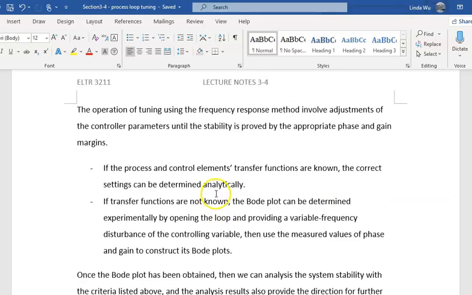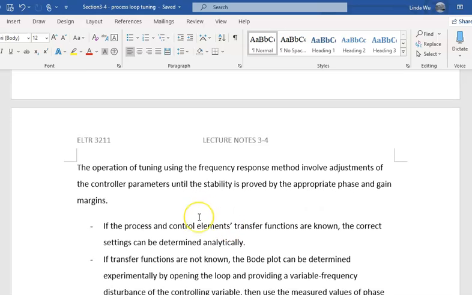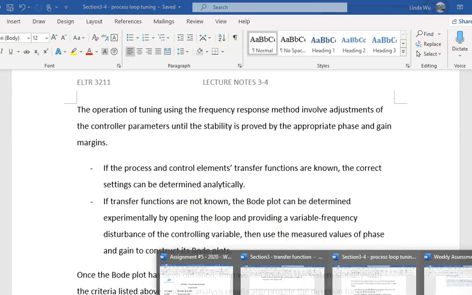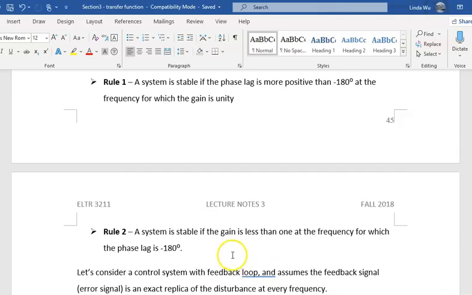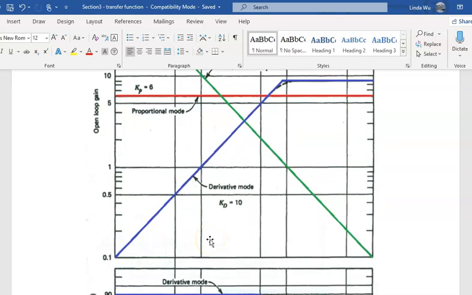These 2 basic rules. Also, remember before we talked about the PID controller, the derivative mode has a positive phase angle.